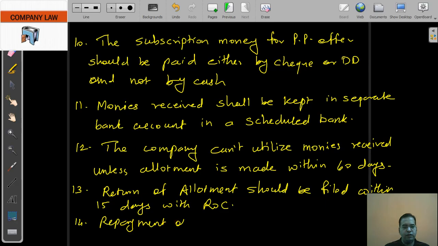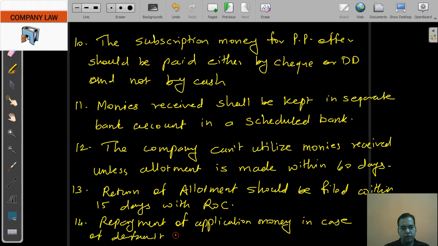Repayment of application money in case of default to make allotment.